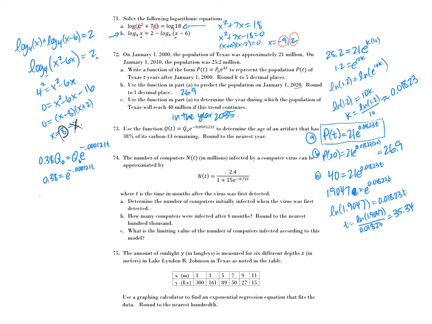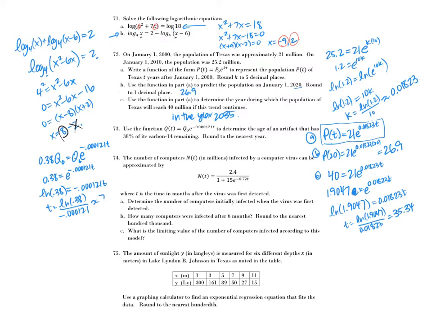And take the natural log of both sides. Divide by that rate. So natural log of 0.38 divided by negative 0.000121.